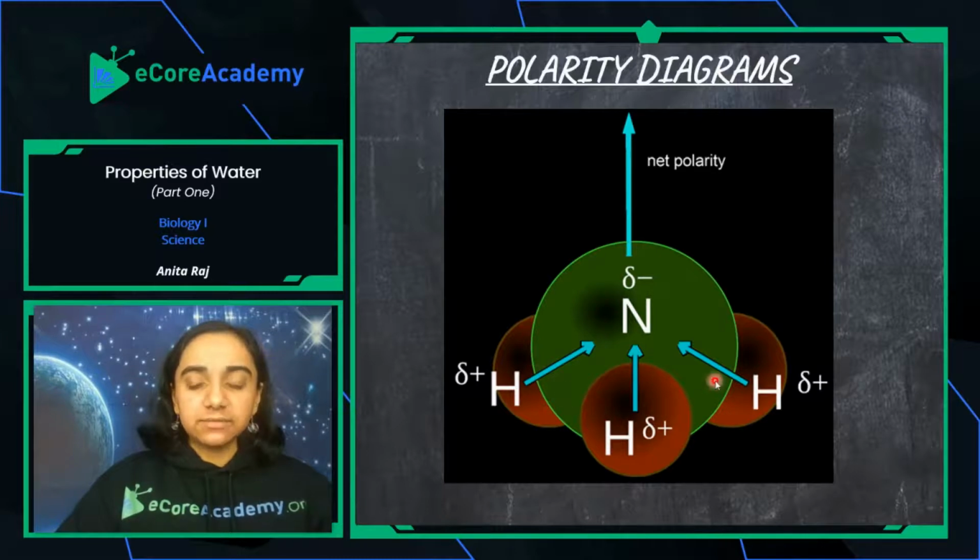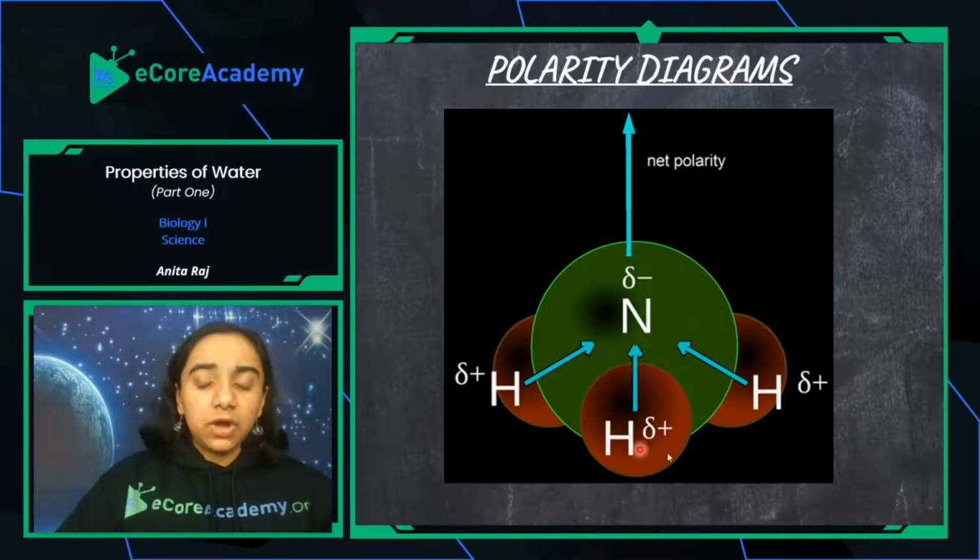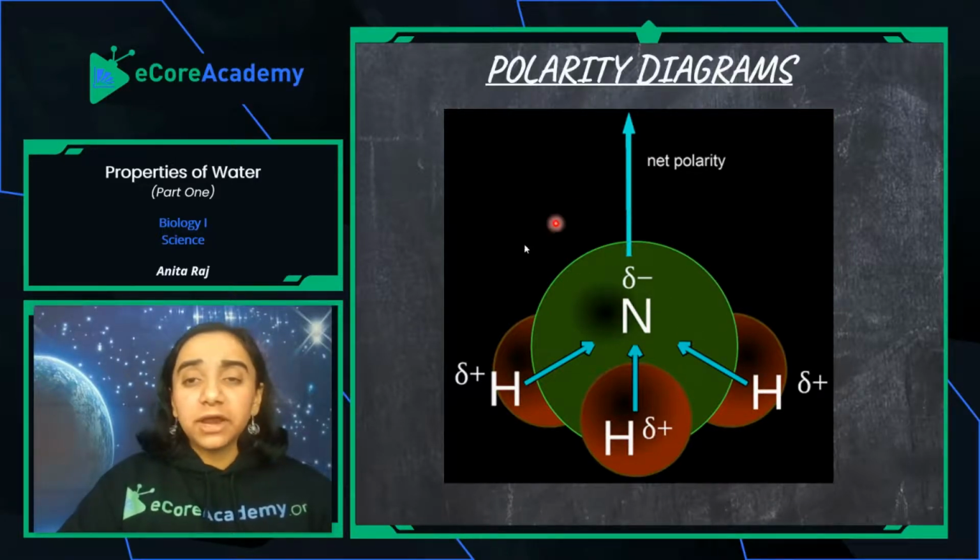3 hydrogen atoms. What happens is nitrogen is going to share one electron with each of these hydrogens. Each hydrogen is going to share an electron with the nitrogen, but nitrogen is going to keep its own lone pair to itself. So up here, you can imagine that it's hogging its own electrons.